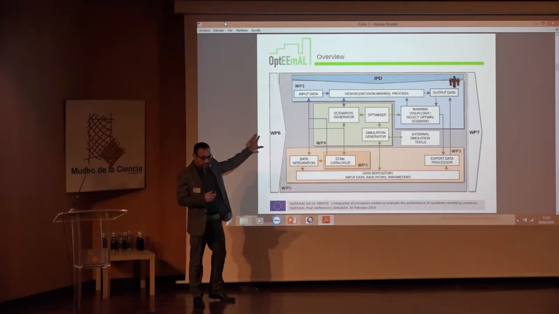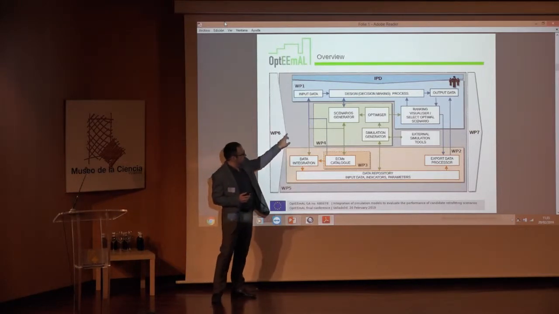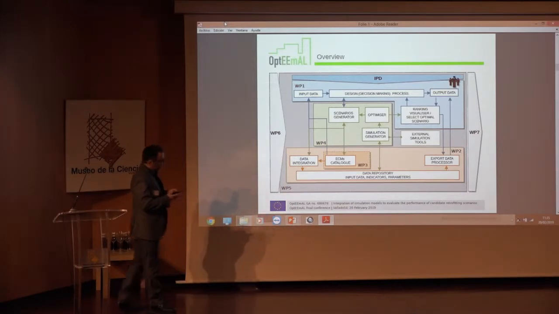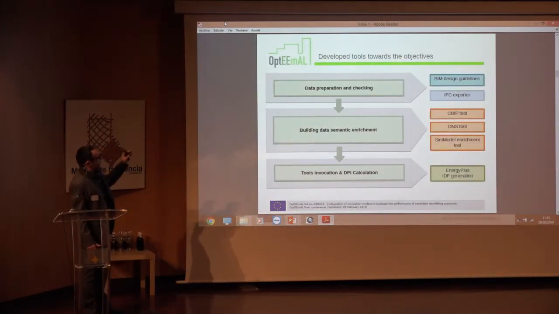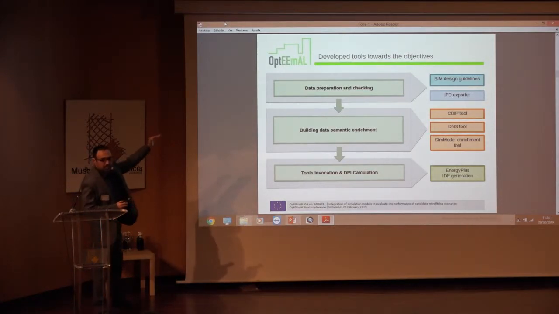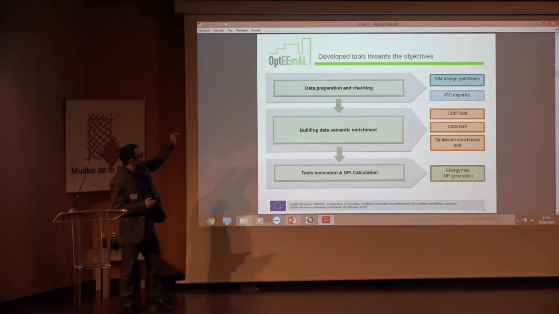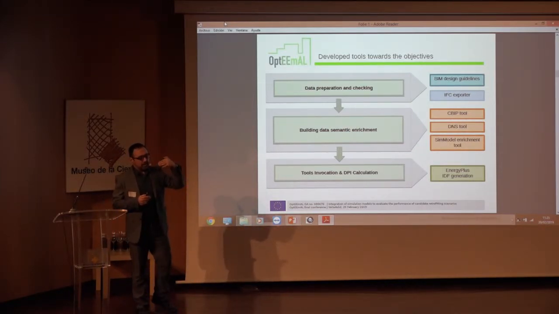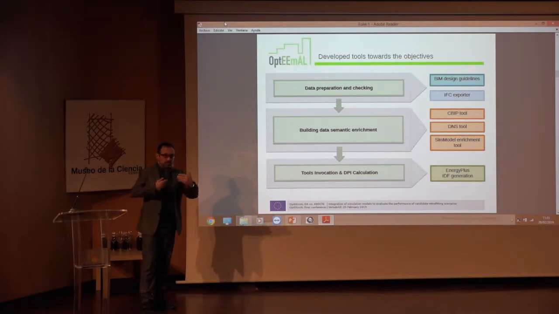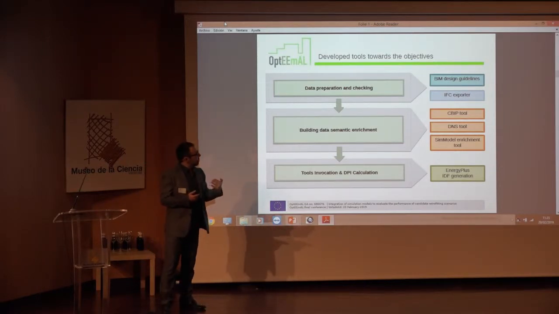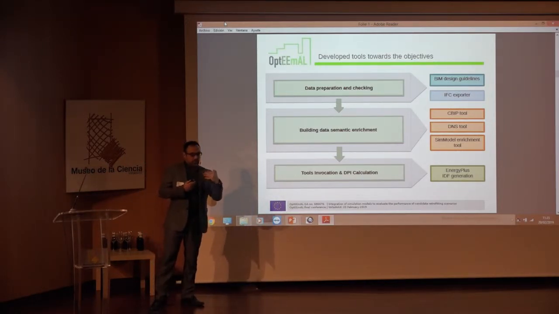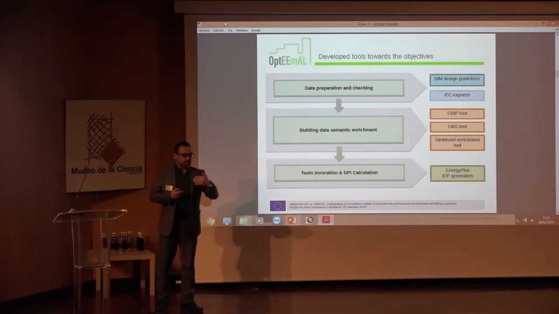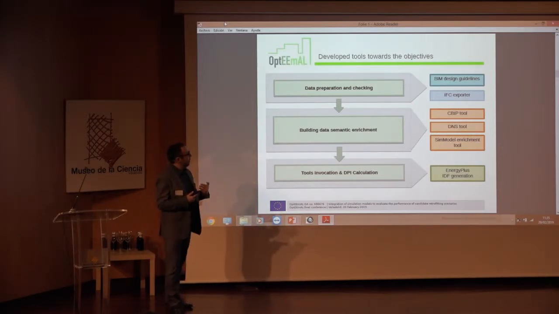The part that I'm going to talk about is basically inside this central green box. So as I said, we have these three stages. The initial data preparation stage involves a series of guidelines that we give to the designer in order to make sure that the building designs are appropriate, and also involves some required modifications in the existing IFC exporters.